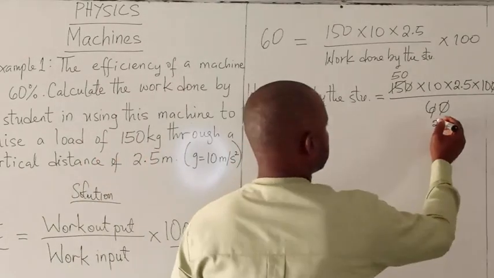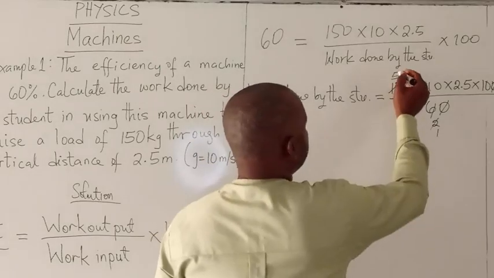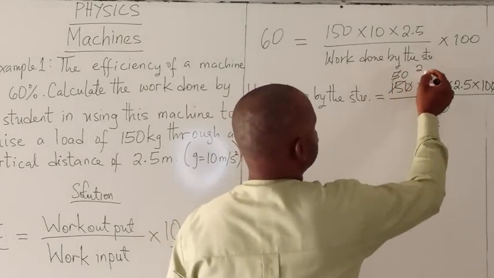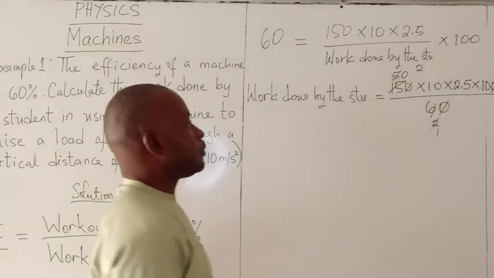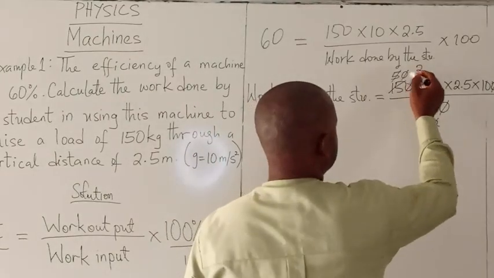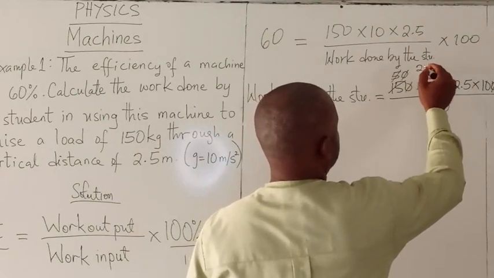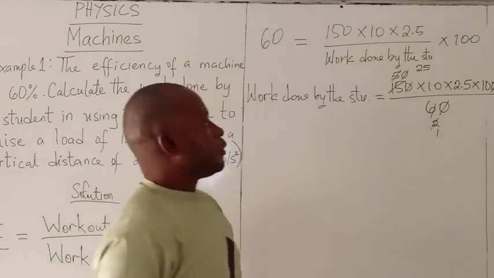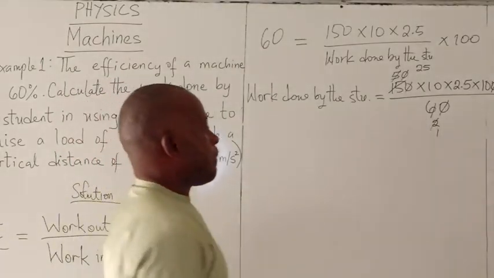What else can go? Can 2 go here? How many times? 1. Can 2 go into 5? How many times? 2. Remember that 1 is in base 10. So we'll have, cancel this. You have 5 here. Do you understand? Any problem so far? Now let's move on.